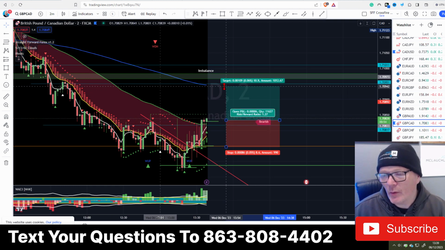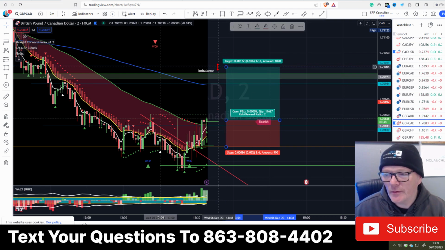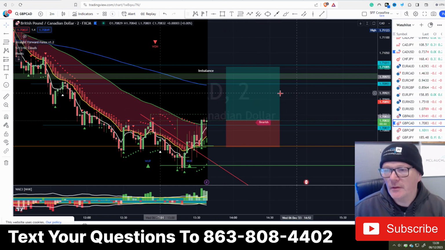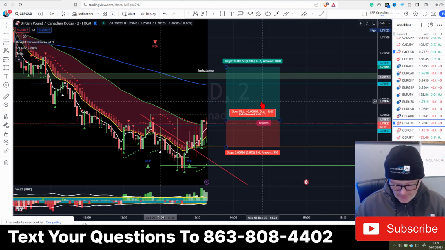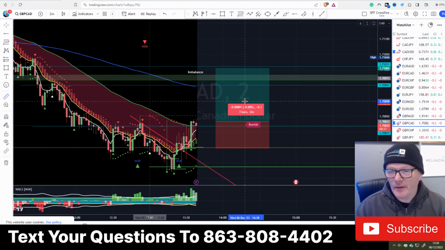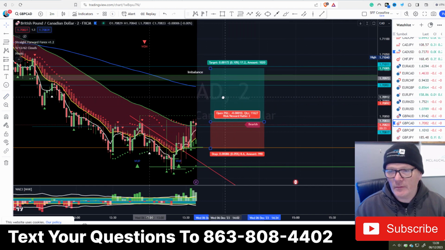And here we've only got 1.2 risk to reward. The 1 to 2 is here, so you can see there it says the risk to reward 2. Okay, so it's a push. I wouldn't take this trade, but we'll put it on.